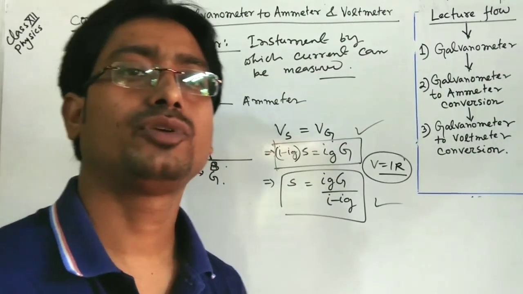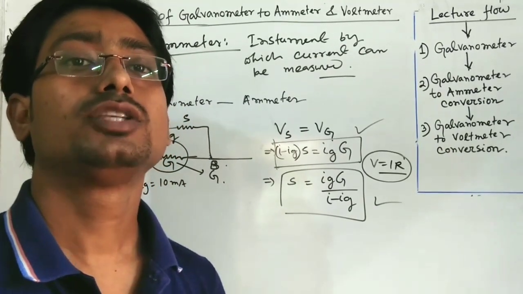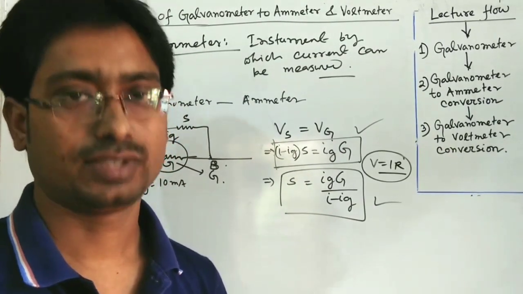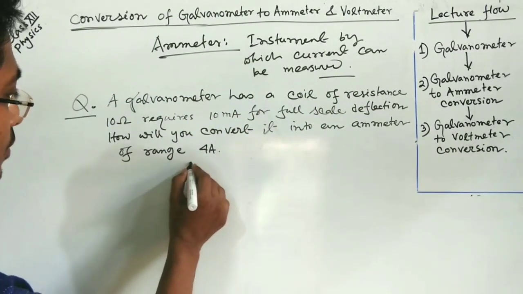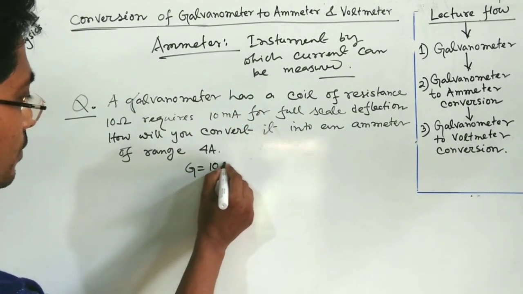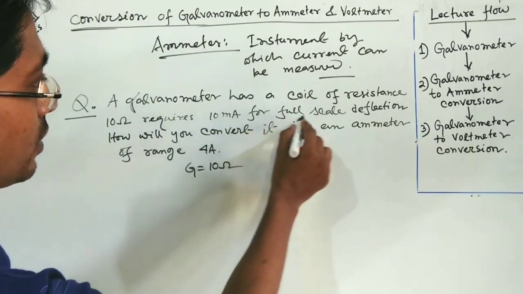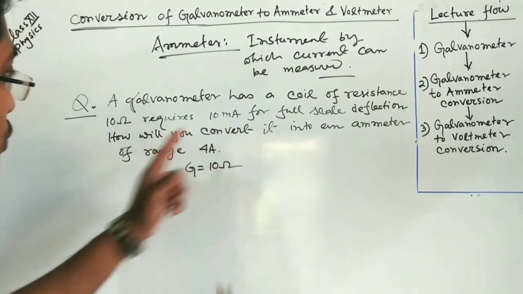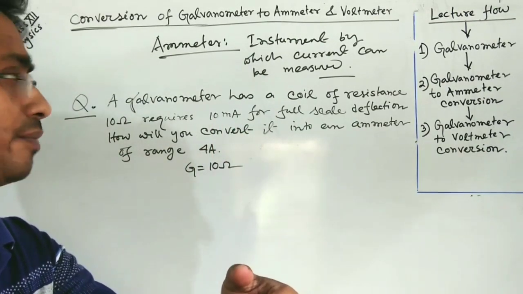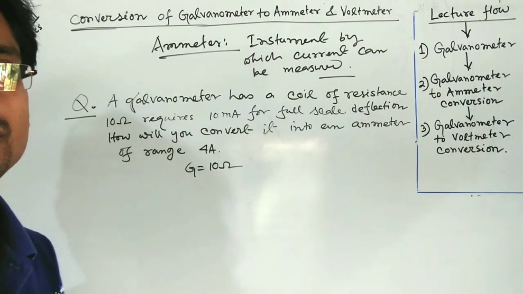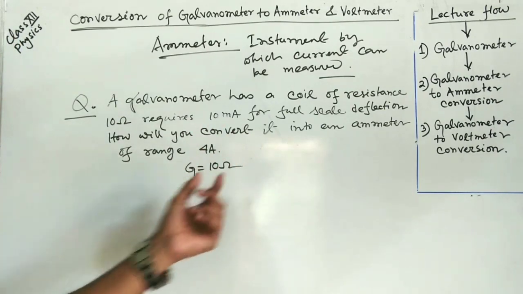I will give you one example by which it will be easy to understand how it can be converted. Question: a galvanometer has a coil of resistance 10 ohm, that means the galvanometer resistance is 10 ohm. It requires 10 milliampere for full-scale deflection. So the maximum current it can bear is 10 milliampere. If you give 11 milliampere of current, then it will burn out. But you have to measure a current of 4 ampere.